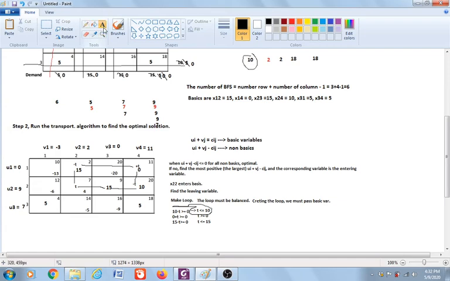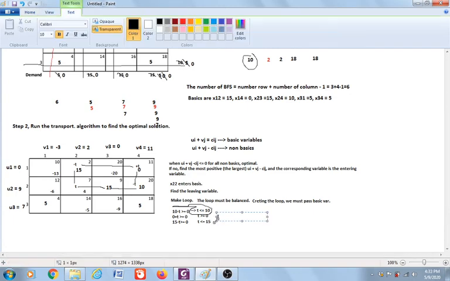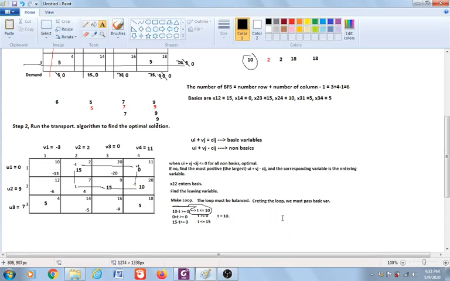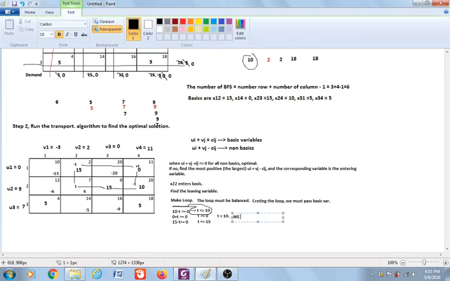As a conclusion, because this is the most stringent one, the highest value of t that we can have is 10. So t is 10, we get it from x24, and as a conclusion, x24 leaves the basis.